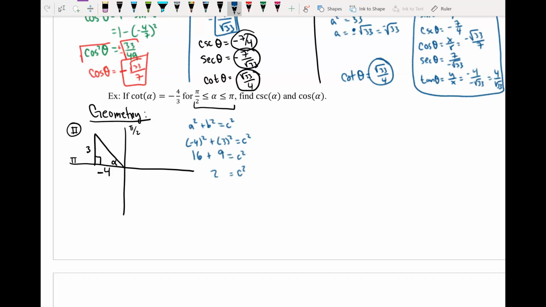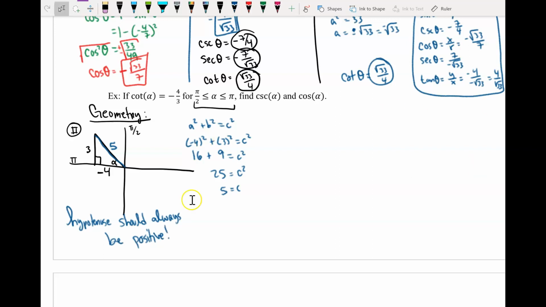C squared equals 25, so c equals 5. Now always this radius, this c value, the hypotenuse should always be positive. So I'm going to write here, hypotenuse should always be positive. Don't forget that.